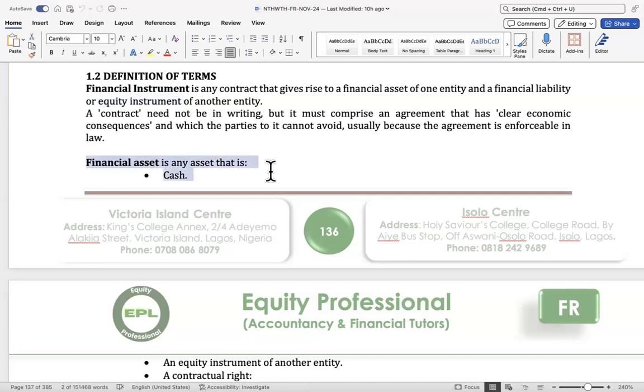By definition, they said a financial asset is any asset that is cash. Cash. So when you have cash in bank, or even if you have cash in your drawer, in your office, whether at hand or at bank, the classification of assets in which you are going to present that cash in your statement of financial position is a financial asset.